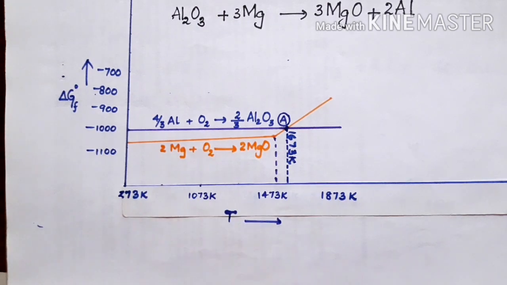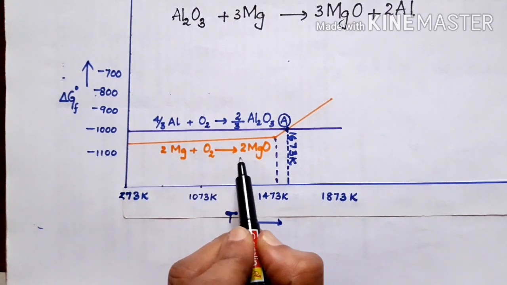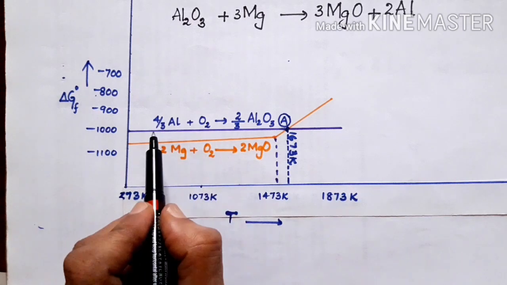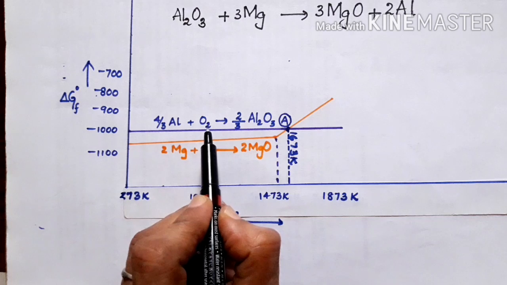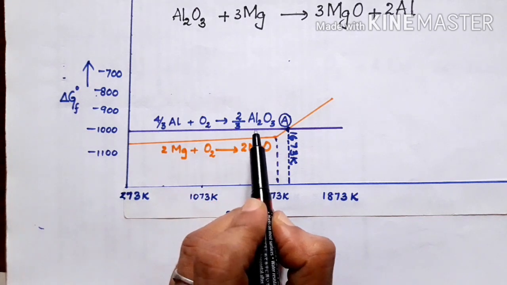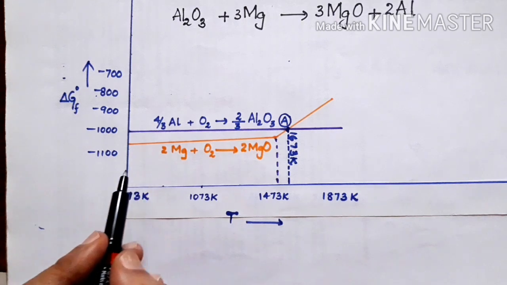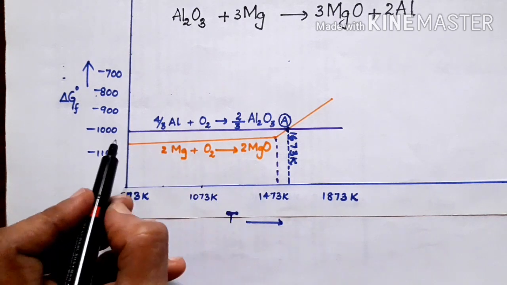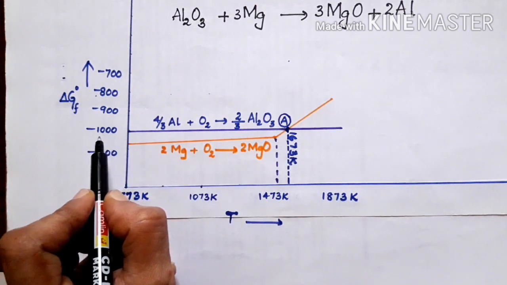So then we have the equations like 2Mg plus O2 giving 2MgO, and aluminum oxide formation is written as 4 by 3 Al plus O2 giving 2 by 3 Al2O3. Hope it is clear. Now you find that compared to magnesium oxide formation, the aluminum oxide formation is having less value for Gibbs energy.